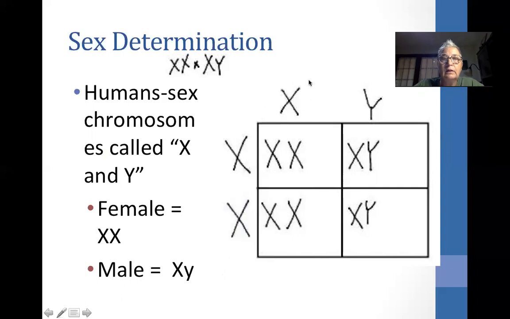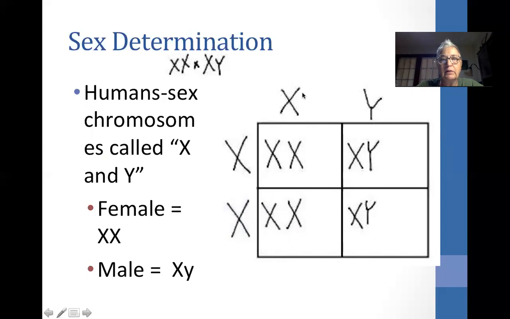So you get this X in a male pretty much from his mother. The Y choice here, he was going to get either an X or a Y, and he got a Y. So if you do a Punnett square with the X and Y across the top, signifying the genotype of a male, just at one set of chromosomes, which are the sex chromosomes, and you put the females down the side, which is XX, and you do your crosses.